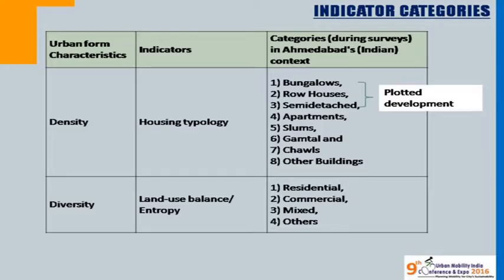So these were the indicators that were studied. In density, the housing typology, a plotted development or an apartment type, slum, gamtals or chawls were taken into consideration. And for diversity, the entropy value, which takes into consideration the categories of residential, commercial, mixed land use and others.